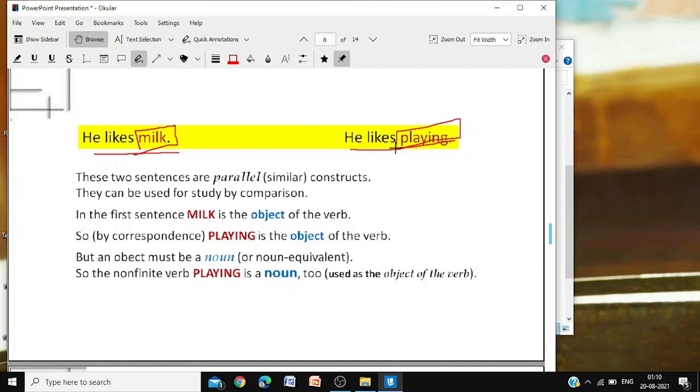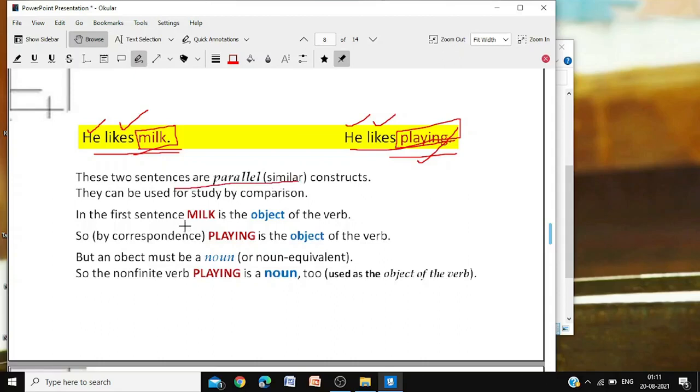These are called parallel constructs, similar constructs, so that we can actually have a one-to-one correspondence. He, subject, corresponds to he. Likes, verb, corresponds to verb. So milk, which is the object, corresponds to playing, which is the object.